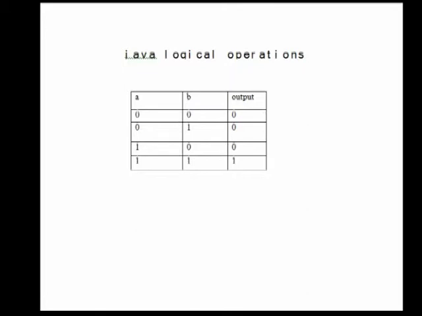An example of this in Java code: let's say I've got an int port equals 35, and then System.out.println, port equals port AND 3.